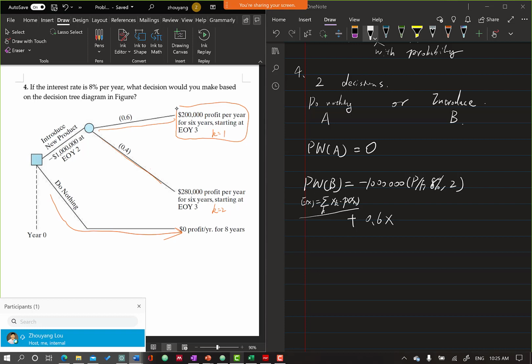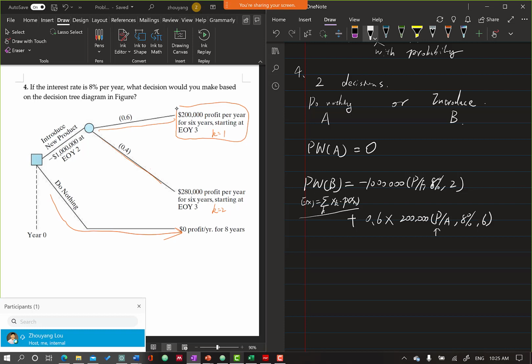So we first need to calculate the relative present worth. So for the 200,000, take the present worth: P given A factor, 8%, for 6 years.